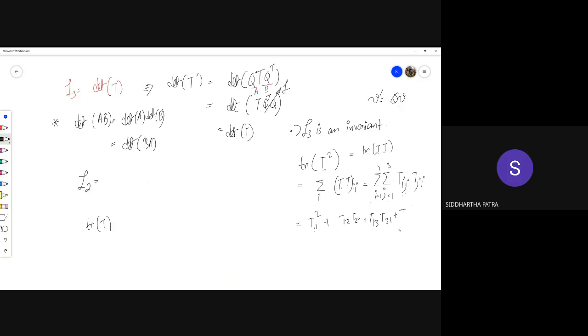So could you get the expression? Okay, one of you can do this. At least one of you try to get the trace of t squared, which is basically t11, t22 plus t33 squared.